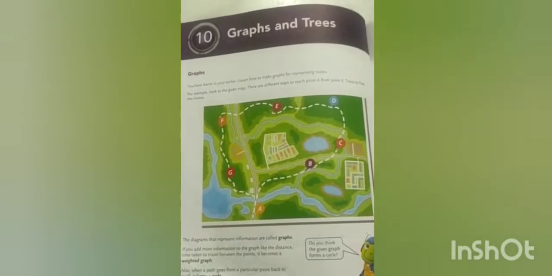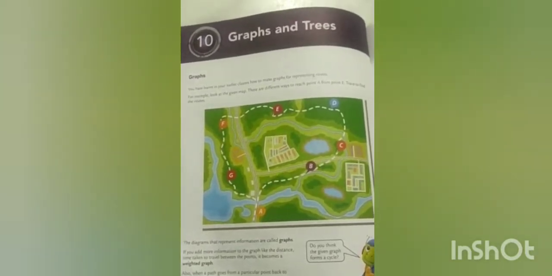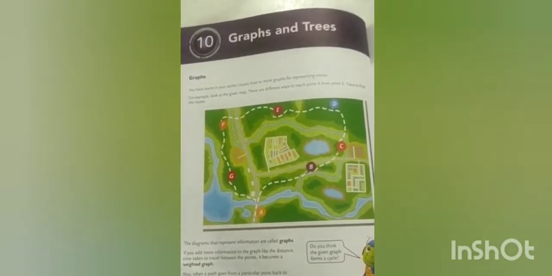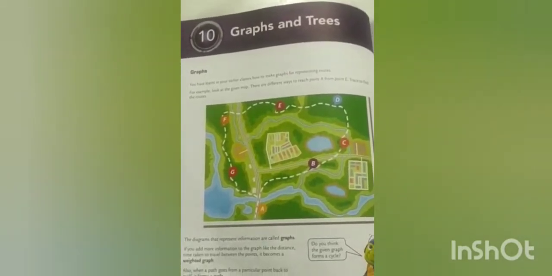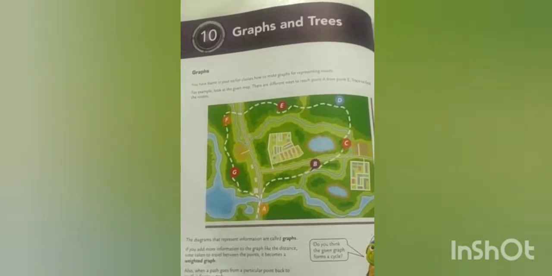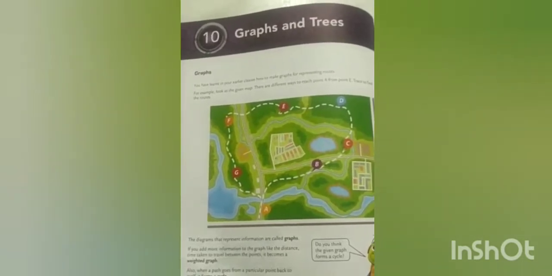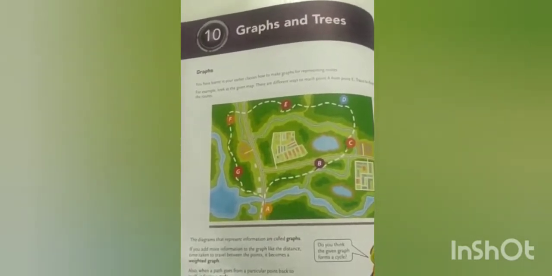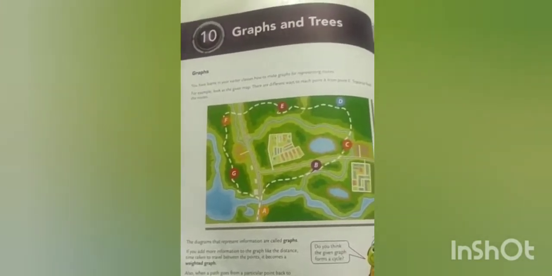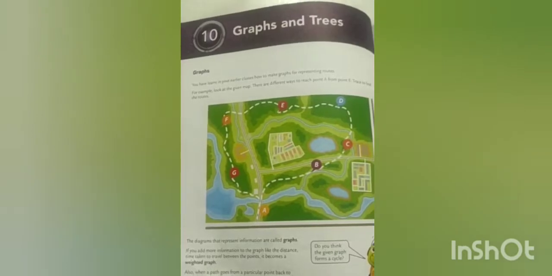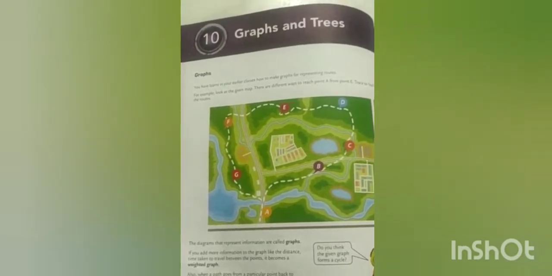Now this is one thing. Now can you recall what is a cycle? Okay, so let me tell you, a cycle is a loop. So what is a loop? Now tell me. If you can recall that when in a given diagram, a path or you can say a line goes from one point in such a way that it can come back to the same point, it forms a cycle.